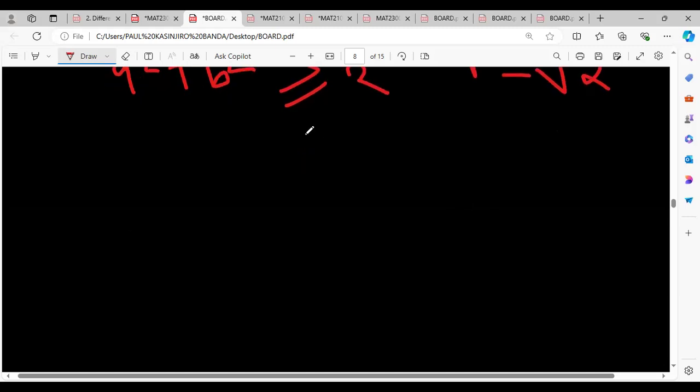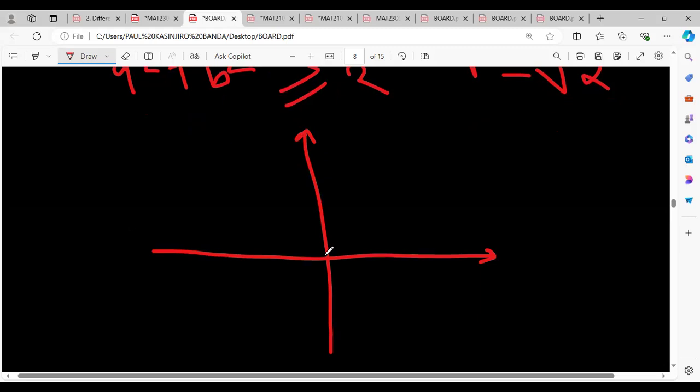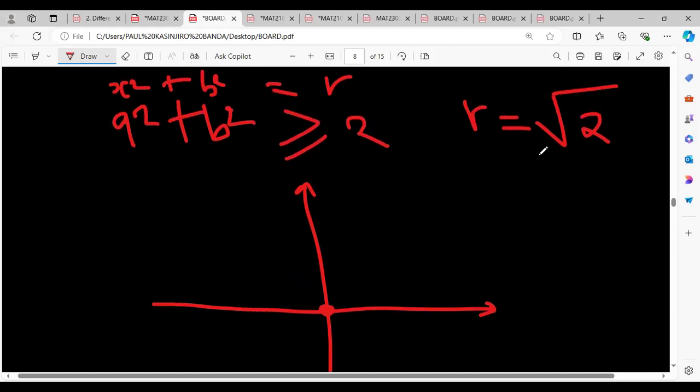So if I would draw it here, this is my x-y plane like that. I would have the origin here, and then I want to draw a circle that will have this radius here, which is just the square root of 2. So the square root of 2 is about, I think, 1 point something.